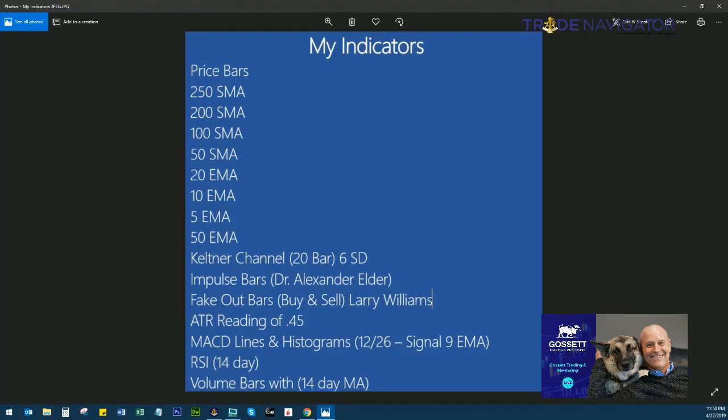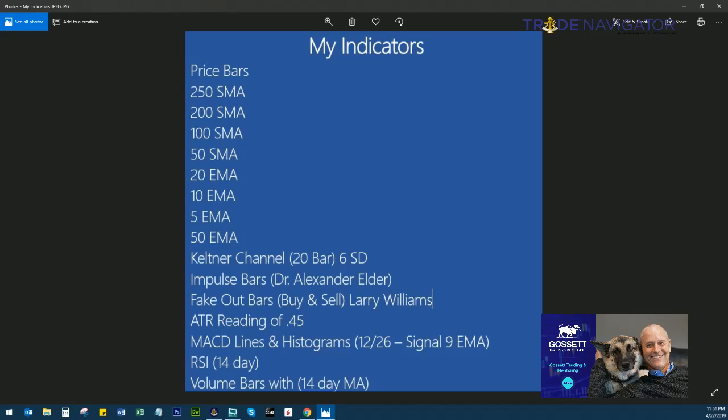The first thing we have to have on there, obviously, are price bars. Like I said, we're going to go through this one by one, but we have price bars. We have the 250 simple moving average. That's what SMA stands for, simple moving average. We're also going to put over the 200 SMA, the 100 simple moving average, the 50 SMA, and then we're going to put on the 20 EMA.